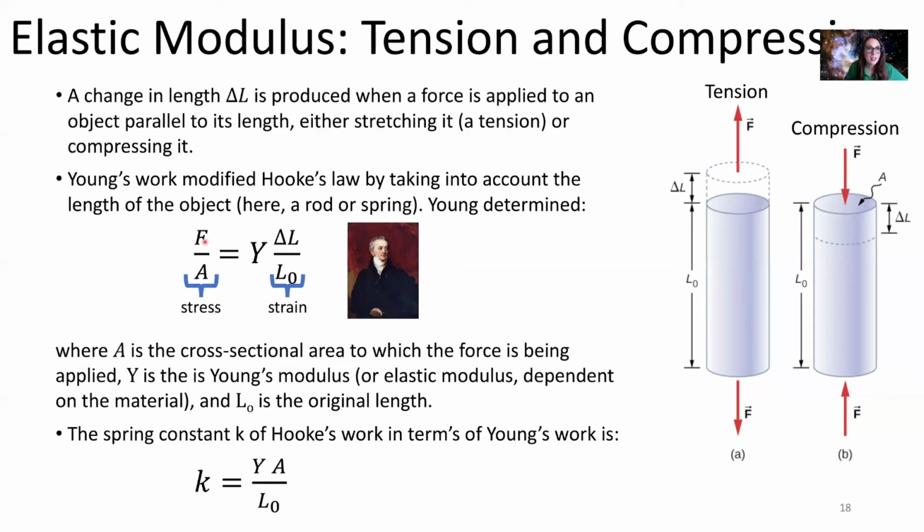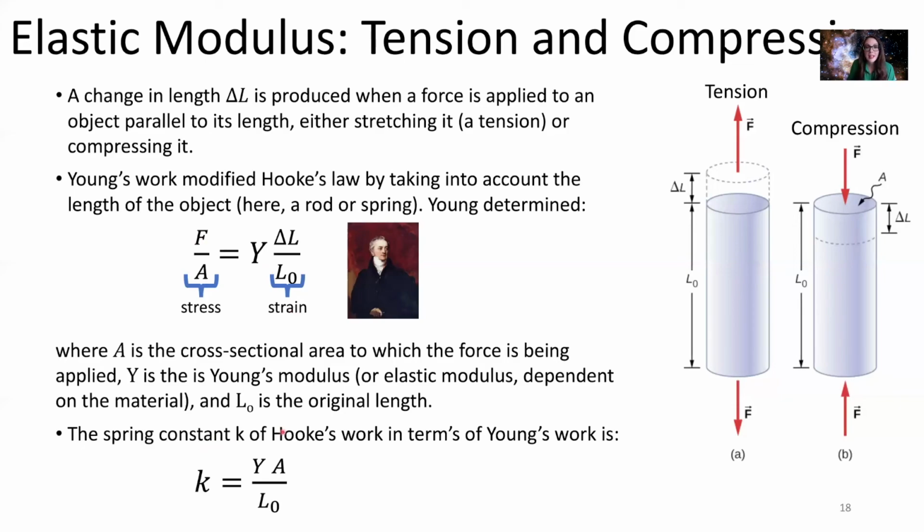This quantity, the force over the area, later we'll see is a pressure, but right now we're calling this the stress on an object. The stress is equal to our Young's modulus times what we call the strain. The strain is the ratio of how much you changed the length of that object divided by that object's original length.